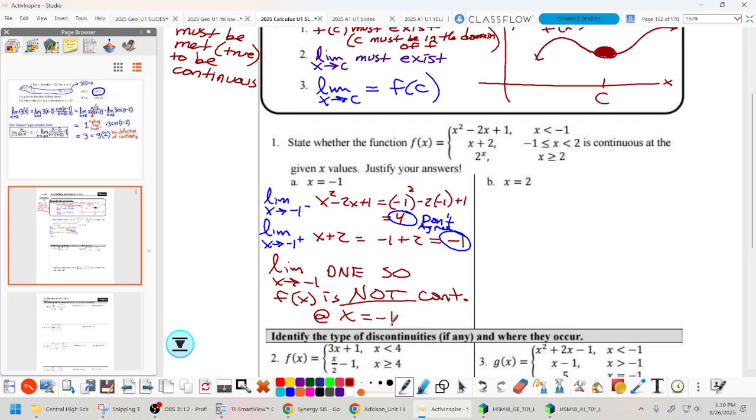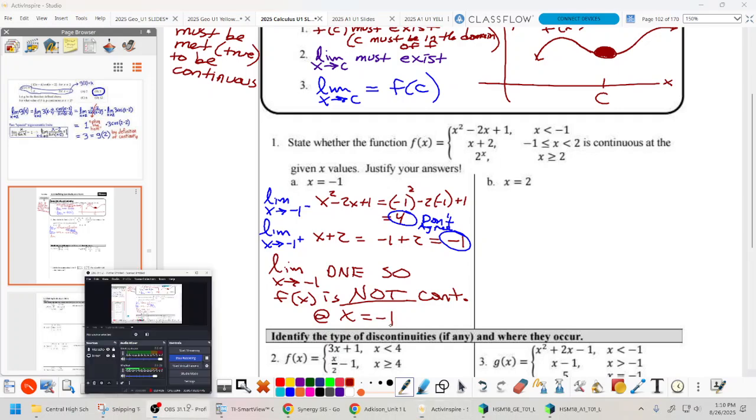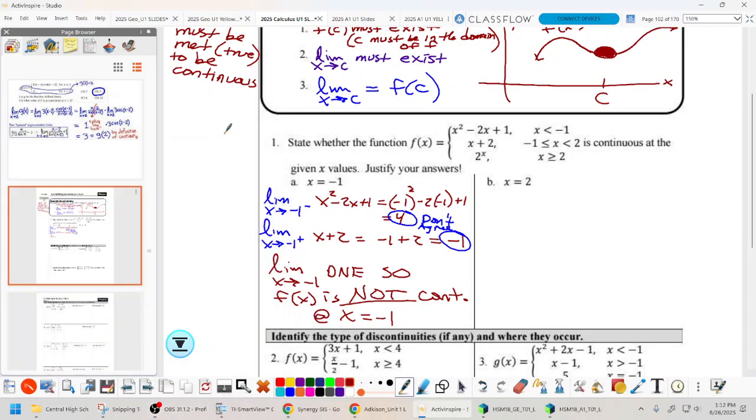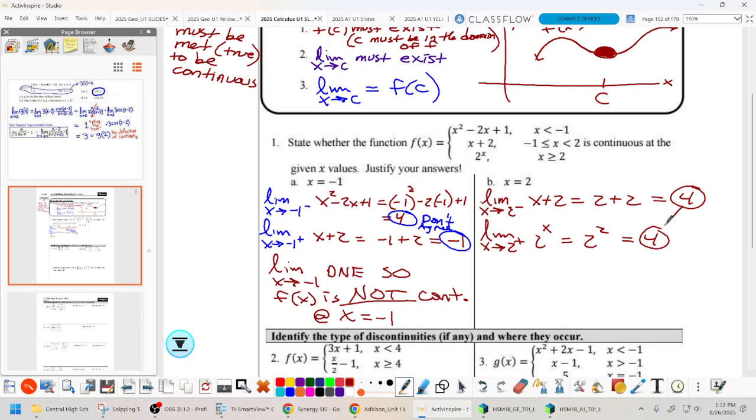Alright, next one. Do you want to try that one? Yes. Cool. Try the x equals... Alright, so that's good, these agree.